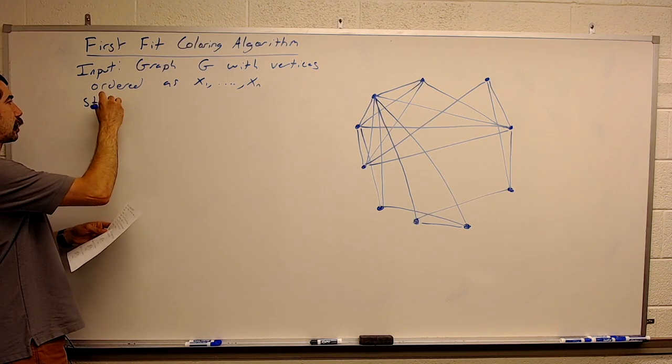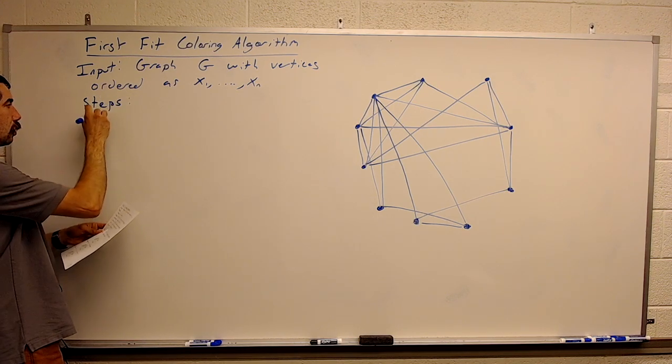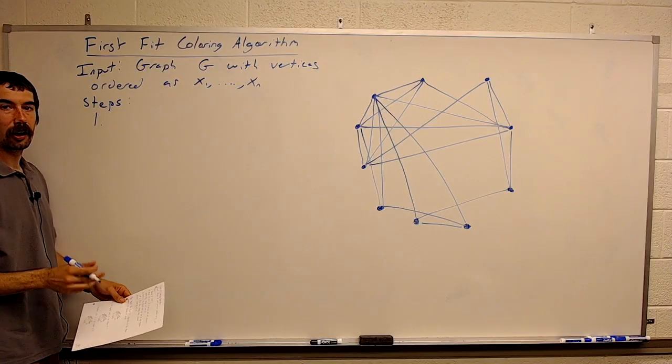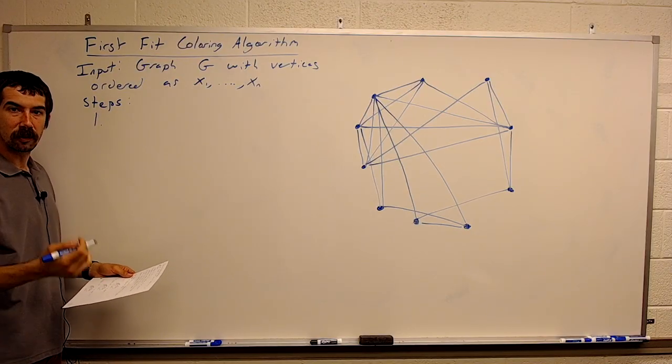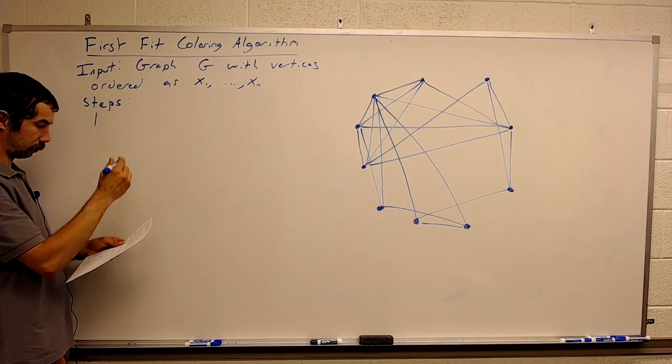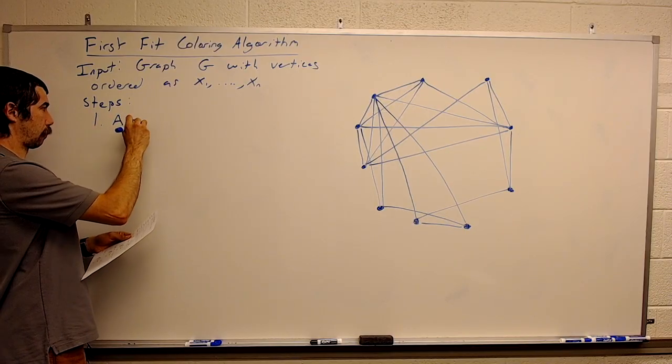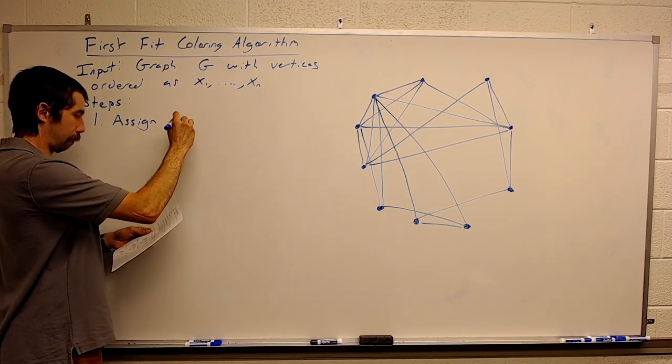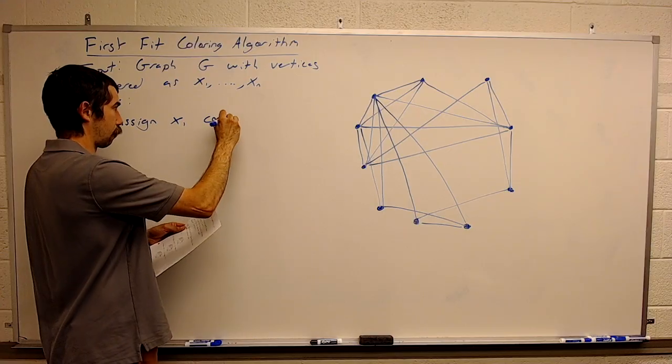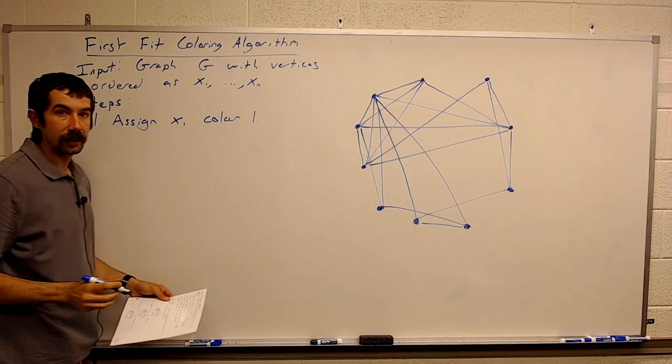All right, so what are the steps? The first step is we are going to assign our first vertex color 1. Simple enough.